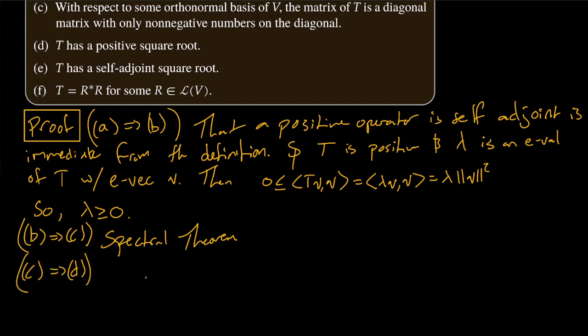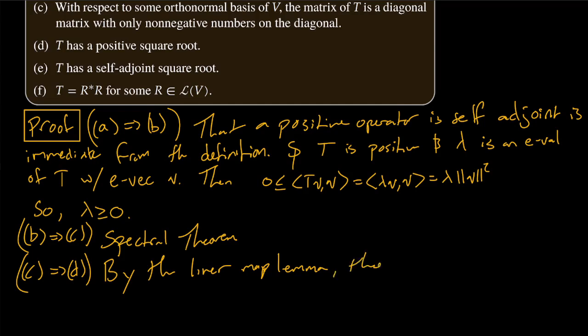Okay, C implies D. So by the linear map lemma, here's the idea. We're going to take an orthonormal basis of V such that the matrix of T is diagonal with only non-negative numbers on the diagonal.